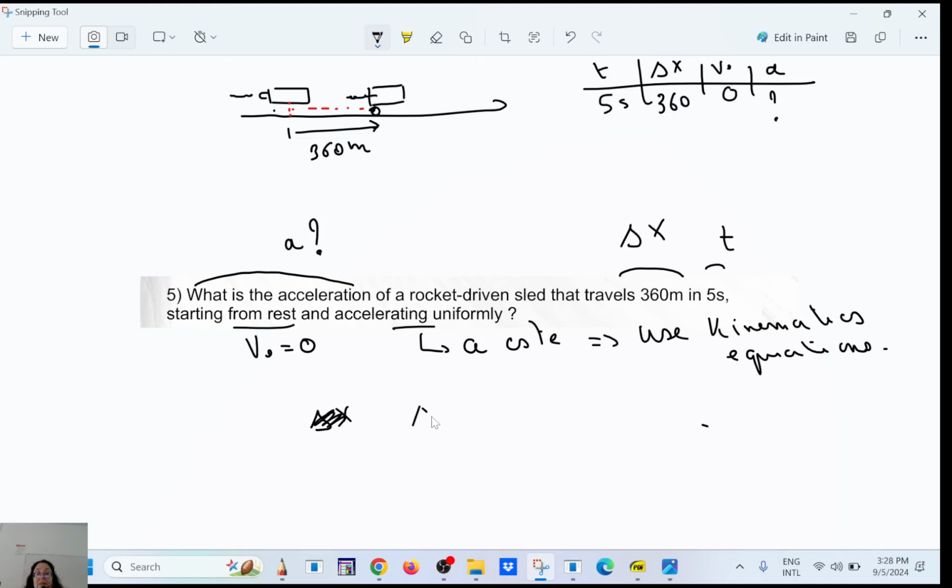Delta x equals initial velocity times time plus 1/2 at squared. So 360 equals initial velocity is 0, so that term is not there, plus 1/2 times acceleration and the time squared is 5 squared.